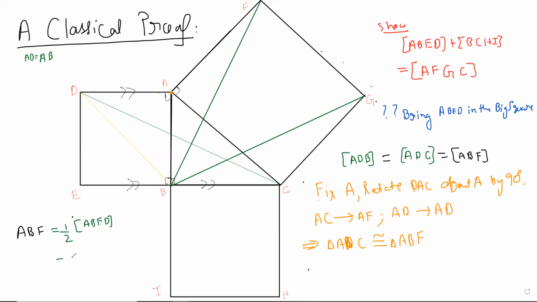And in the same way, please check it, or convince yourself, you'll be able to say that half of BCHI is equal to BCG. So we want to show that ABF and BCG are half of the big square totally.